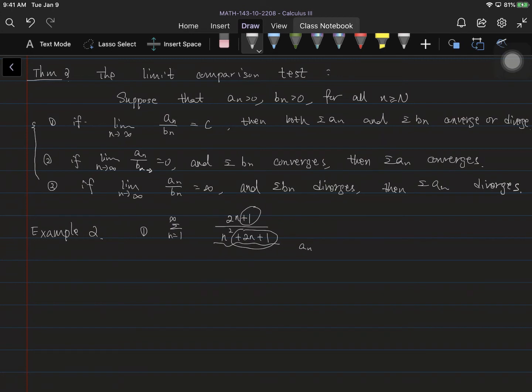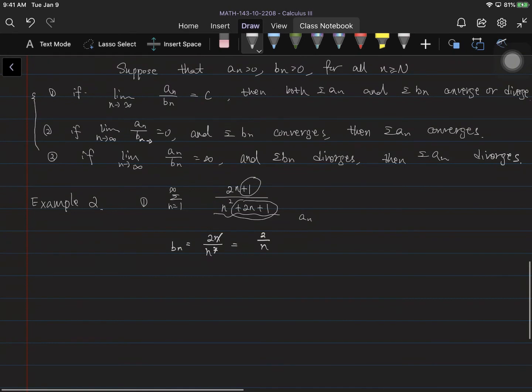So we compare with bn, which is 2n over n squared. Simplify, this is 2 over n. This is our bn. When we do the limit comparison test, we find a series we want to compare with. So let's do the limit. an over bn equals what?